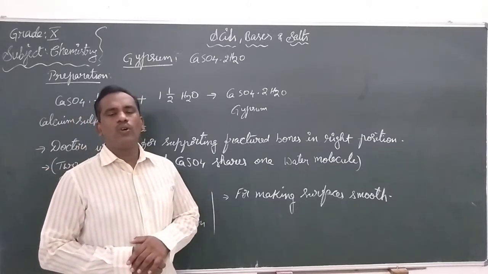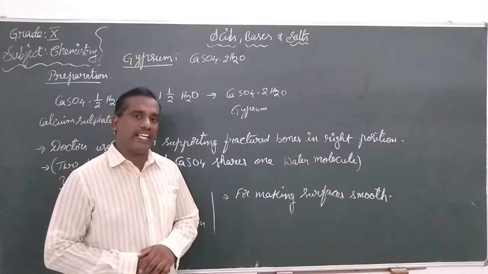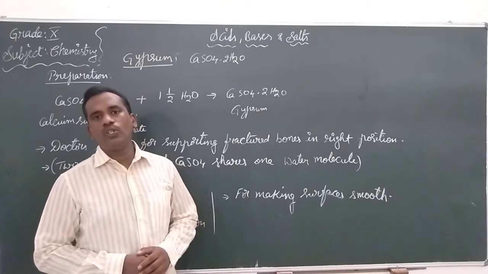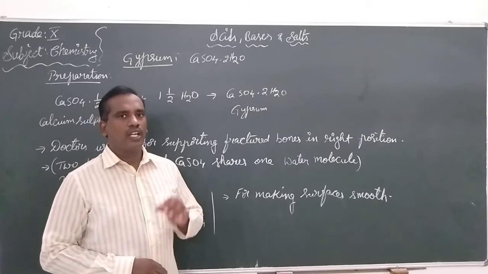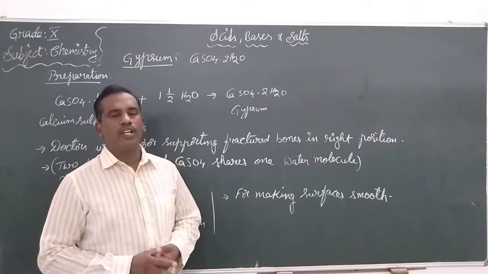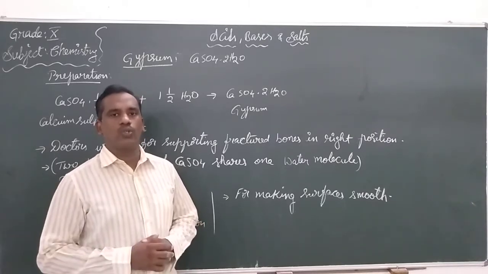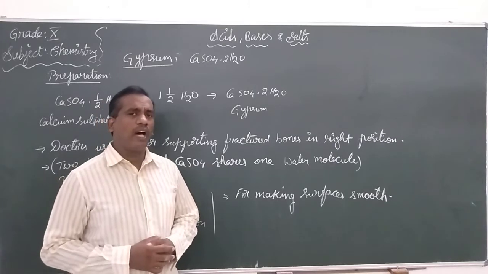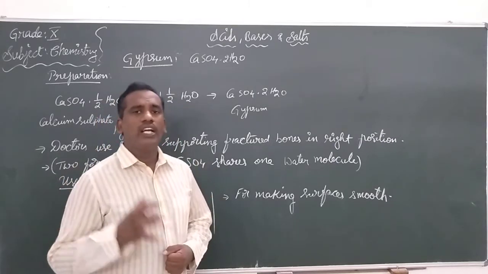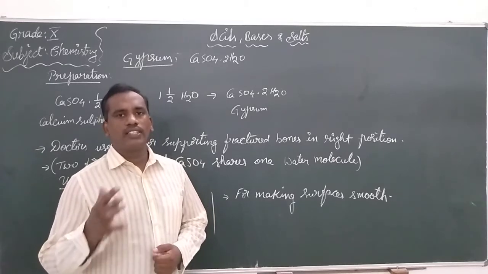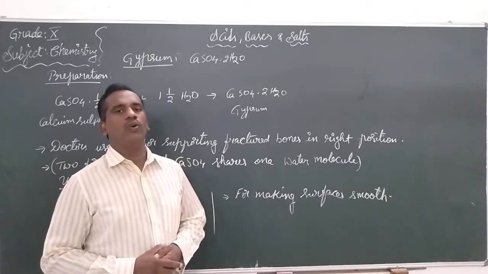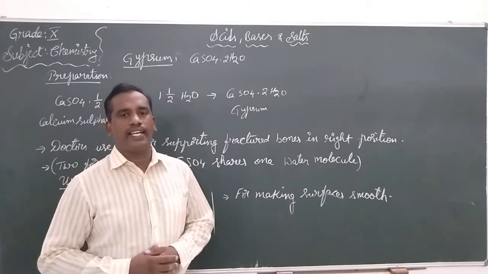Before I go into gypsum directly, I want to introduce a small application: how we get this gypsum or where it was used. The formula of gypsum is CaSO4 2H2O. Okay, place it aside.